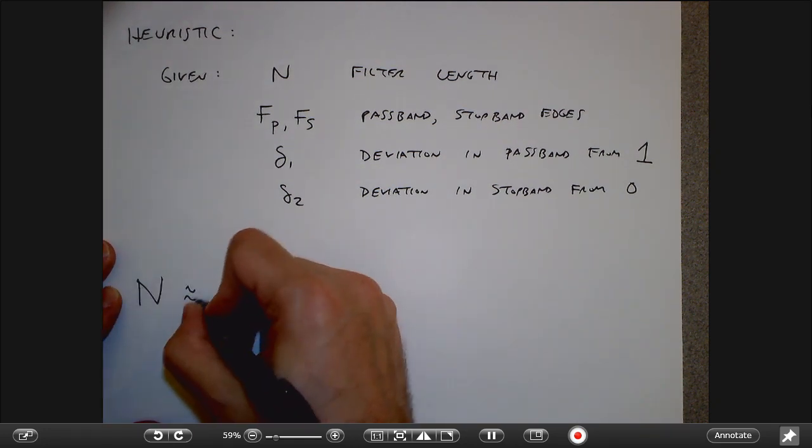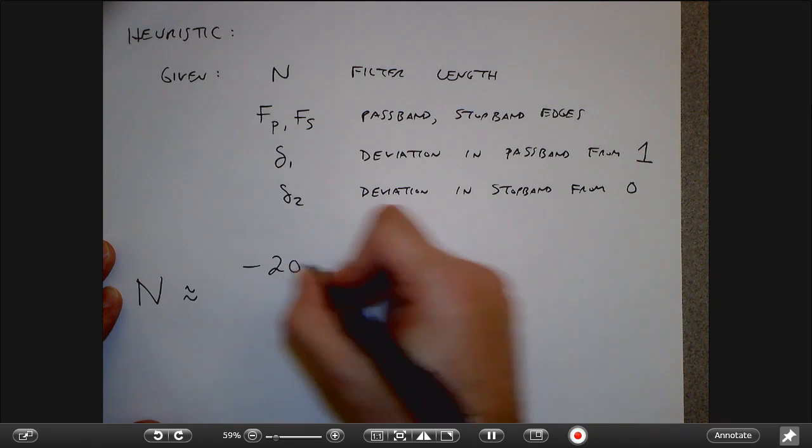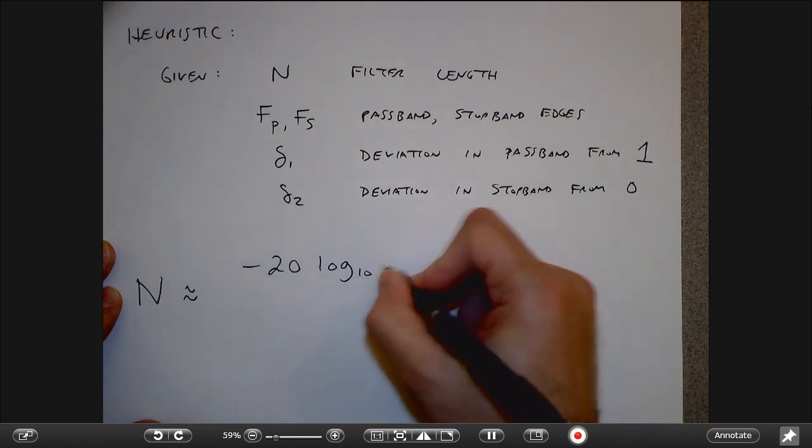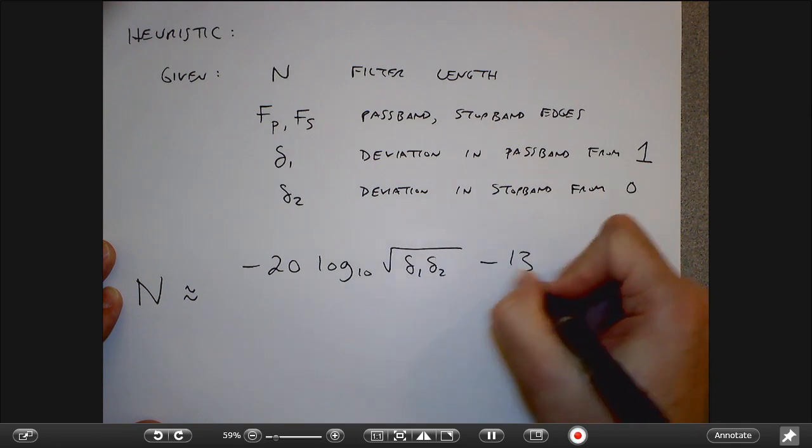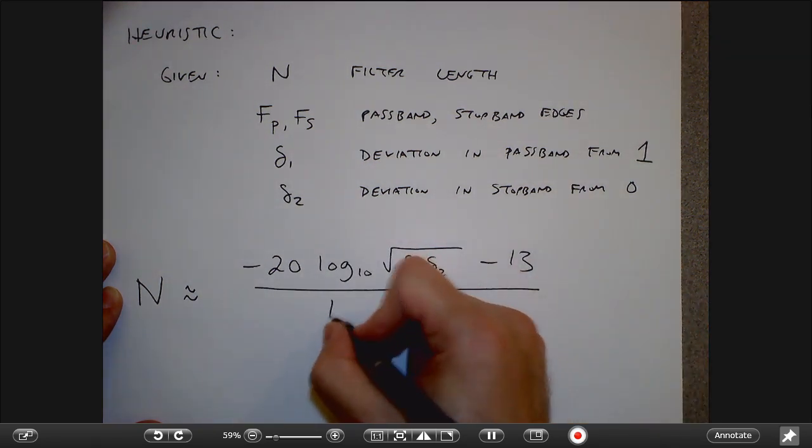There's some crazy formula. Not that you have to write this down or remember it. It just looks like some random formula.